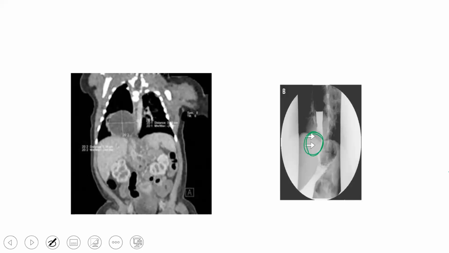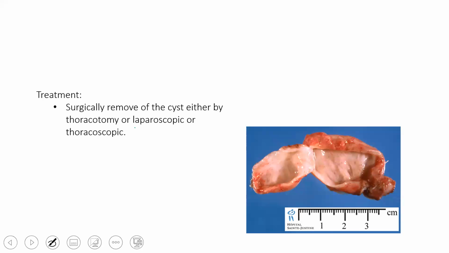When you do the MRI or CT scan, you will see a very big mass derived from the esophagus, and that's why it compresses the lung and the esophagus. Treatment should be surgery, removal of the cyst, either laparoscopic or open surgery.